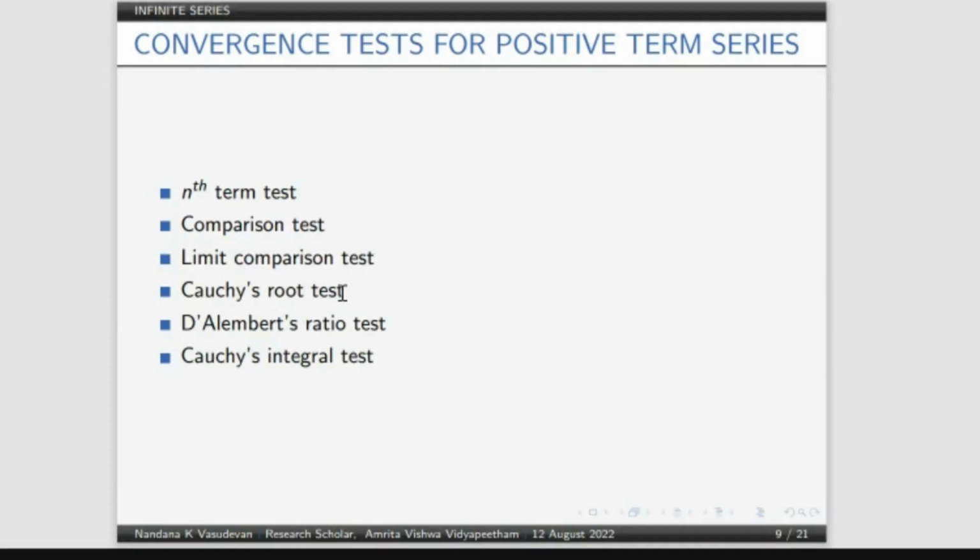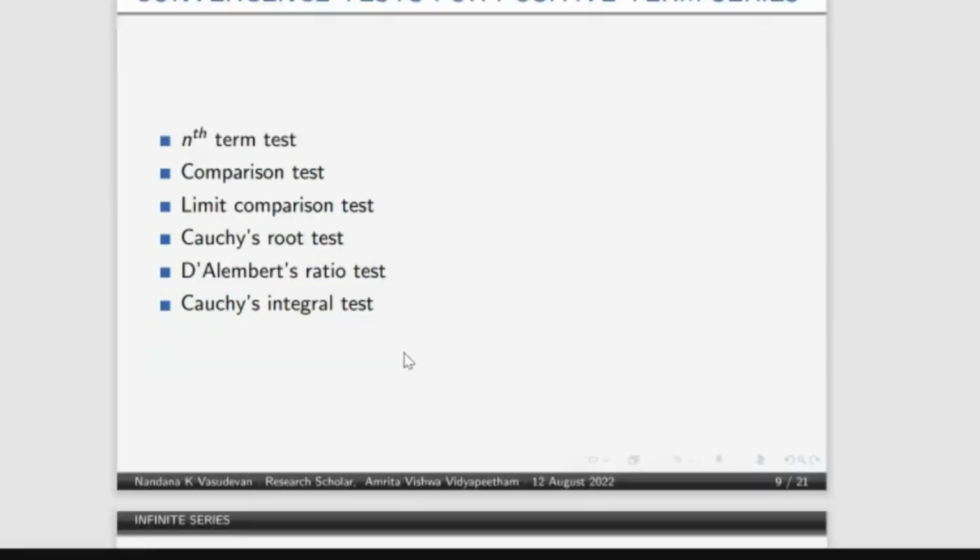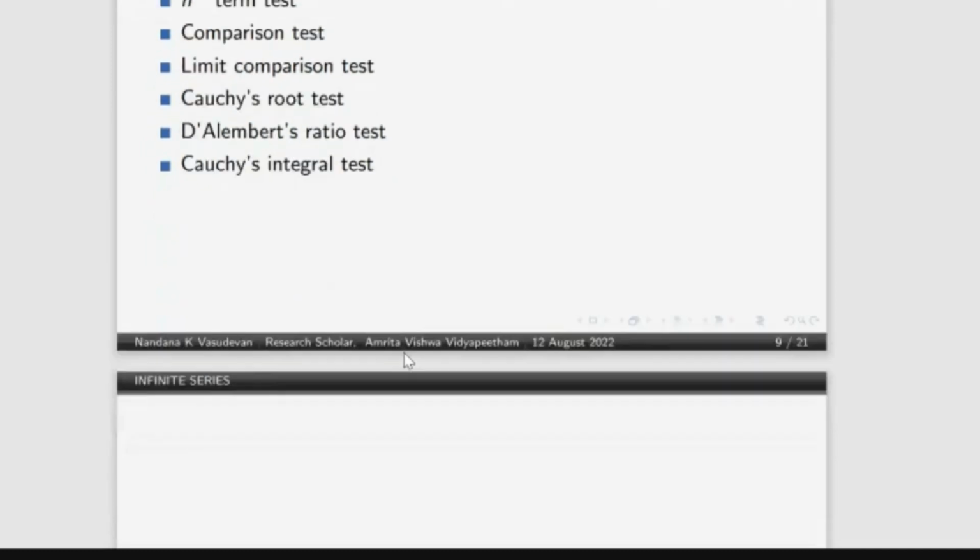But I found that most of the time when we are applying it for exams, I'm not talking about special cases, I'm talking about the general case. Most of the time these tests are enough, and we have a few other results which we can convert to these forms and then solve using these basic tests itself, right? So we'll be focusing on these 6 tests only.